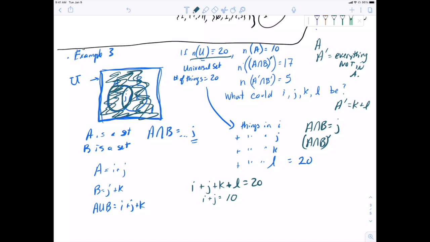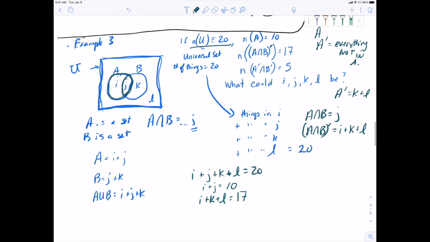Everything out here is not A intersect B. So that would be I plus K plus L, right? So I plus K plus L equals 17, the number of things not in A intersect B.